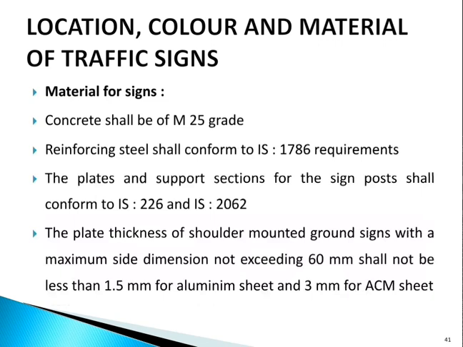The plate thickness of shoulder mounted ground sign with a maximum side dimension not exceeding 60 mm shall not be less than 1.5 mm for aluminum sheet and 3 mm for ACM sheet. ACM means aluminum composite material.